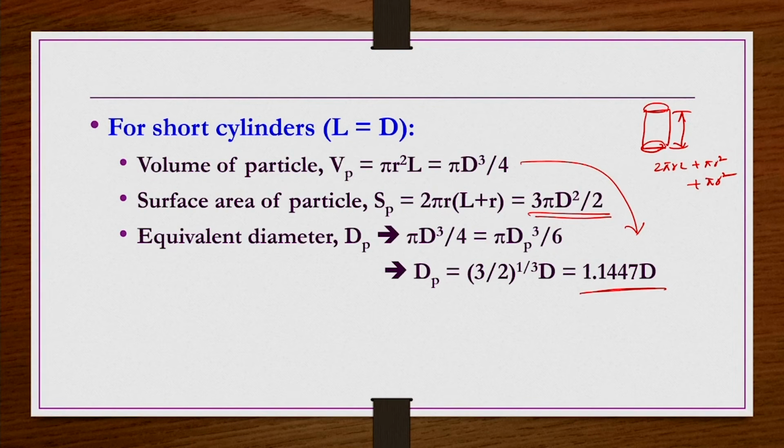Now, for a short cylinder, the equivalent diameter is more than the diameter of the cylinder itself. That is the reason: if the volume of a short cylinder and the volume of a spherical particle are equal to each other, the surface areas are not going to be equal. The surface area of the short cylinder is going to be more than the surface area of the spherical particle, because the equivalent or nominal diameter of the short cylinder is more than its original diameter.